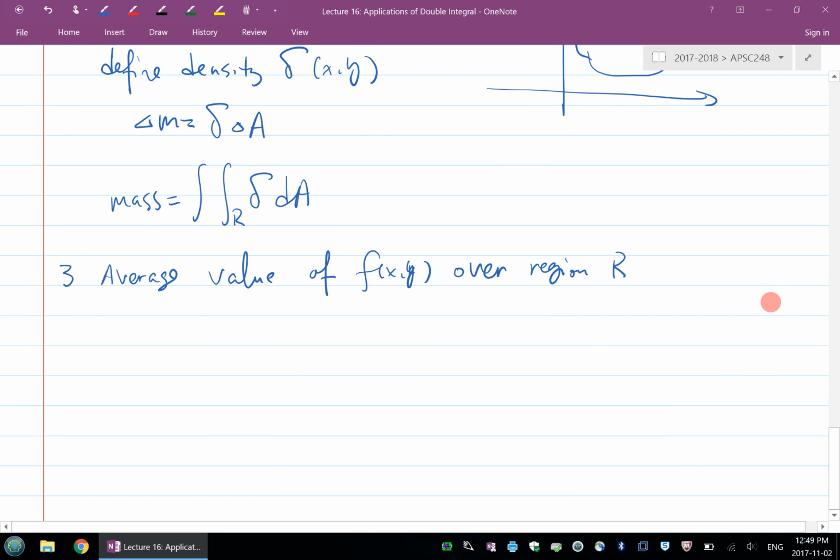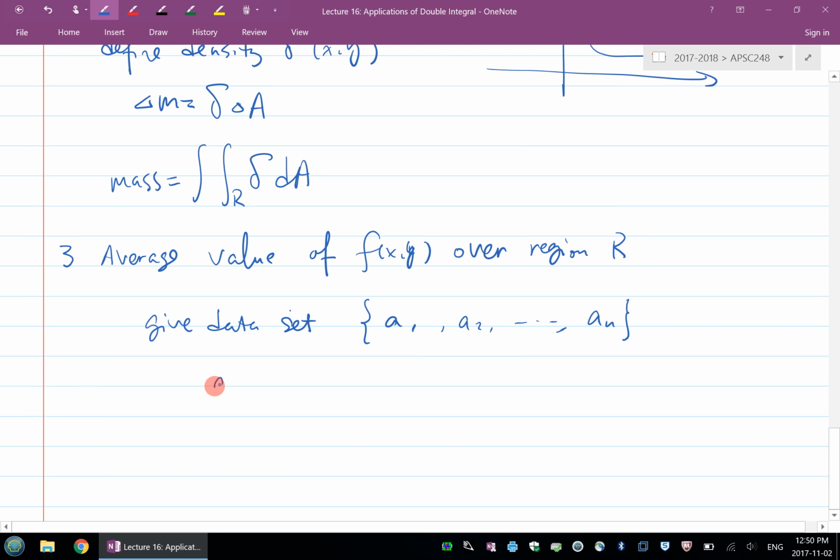So let's start from the very beginning. Suppose that I have a data set, a number of samples. You sample, you get this many values, and you calculate the average. So basically, you add them up, and then you divide by n, so you get the average here.